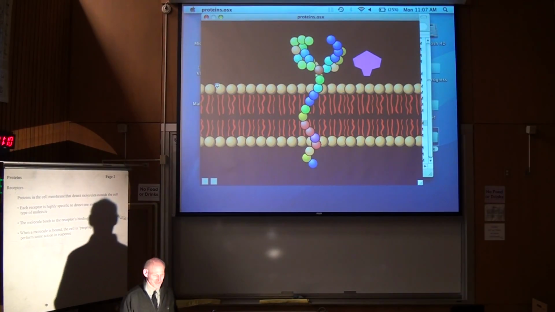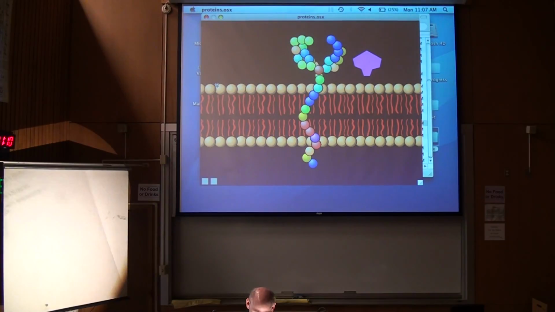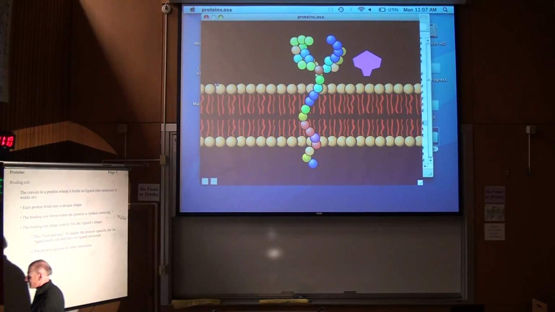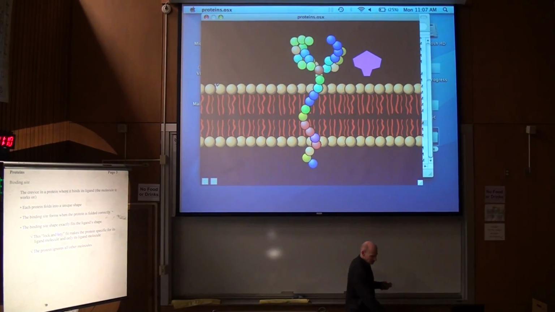I think the next section of your handout, let me leave this receptors bit for just a second, I'll come back to it, but in the next section of your lecture outline, there's a little information here on the binding site. The binding site is a crevice or a fold or a gap in a protein where it binds the molecule it's supposed to be working with. The official name for the molecule that binds into the binding site is the ligand of the protein.